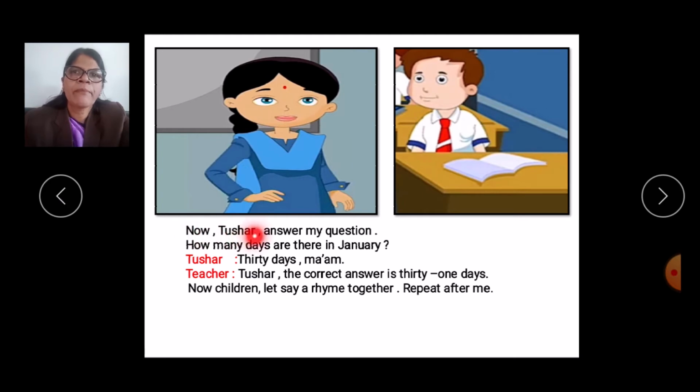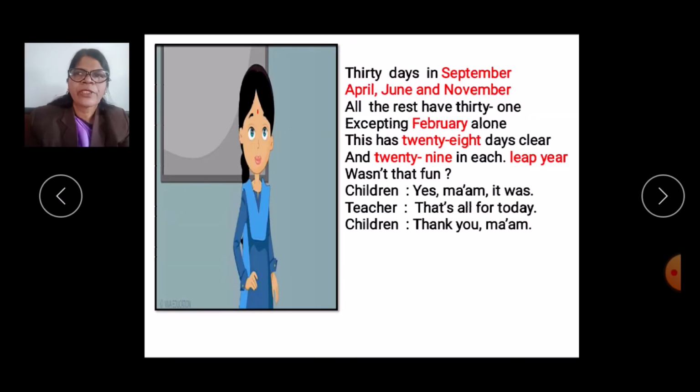Now Tushar, answer my question. How many days are there in January? Tushar: 30 days ma'am. Teacher: Tushar, the correct answer is 31 days. Now children, let us say a rhyme together. Repeat after me. Now the children repeat.